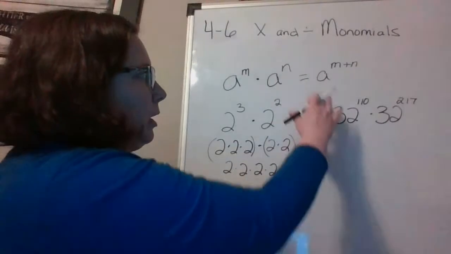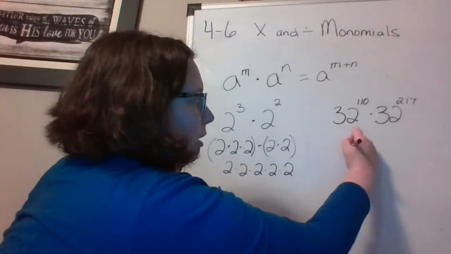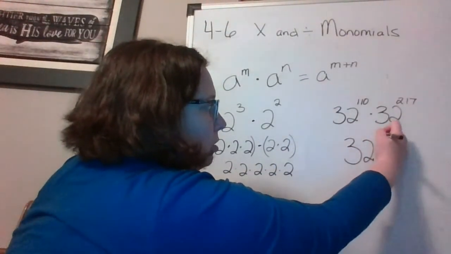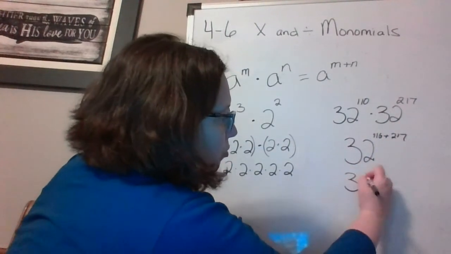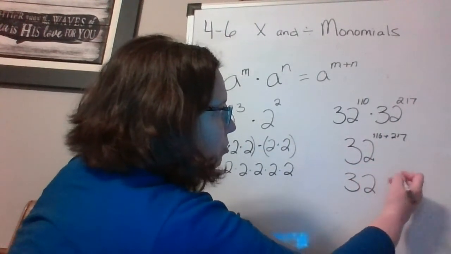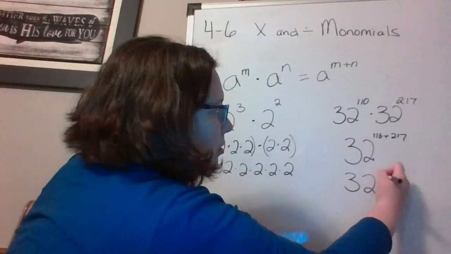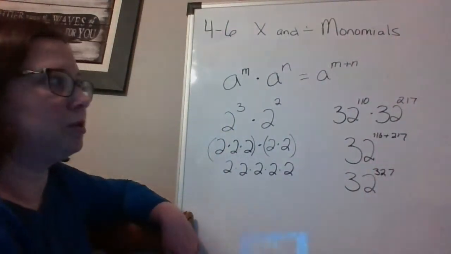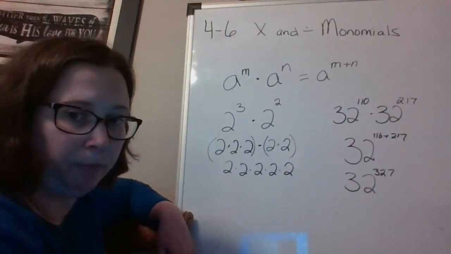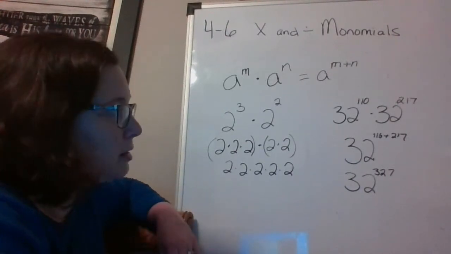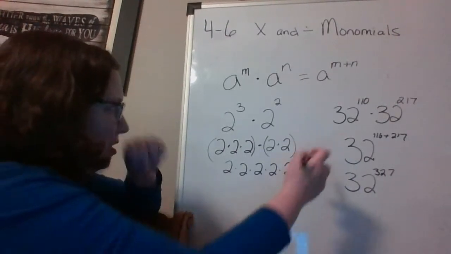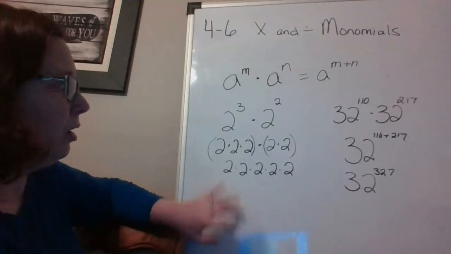So rather than that, we can use this trick and say, okay, well, it's 32 to the 110 plus 217, which would be 32 to the 327th power. That's what we're doing here. You're just adding the two exponents as long as your base is the same.